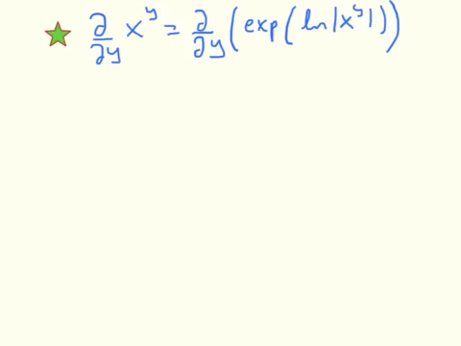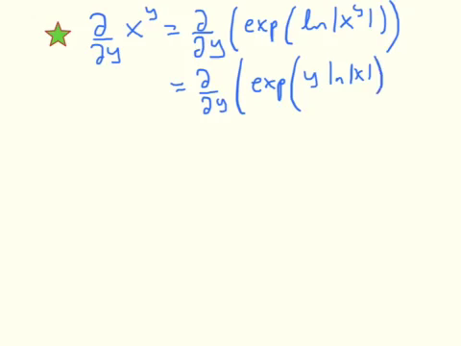So what we have here is, using the rules for logarithms, the derivative with respect to y of the exponential of, and now using the rules for logs, I bring the y down, and that is y times the log of x, brackets. So now what we have is we are differentiating with respect to y the exponential of y multiplied by what is, for this derivative, a constant.